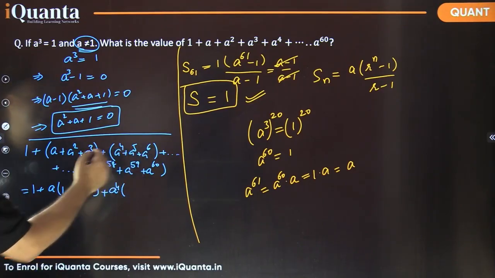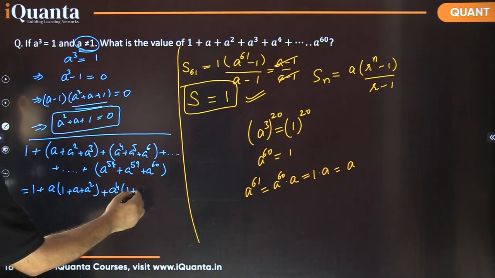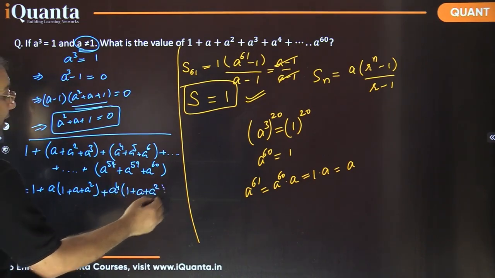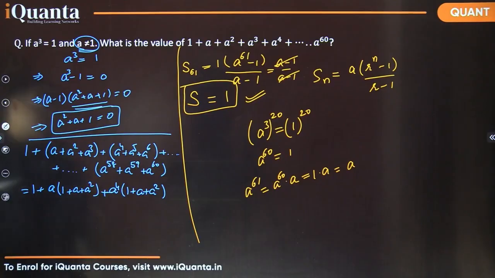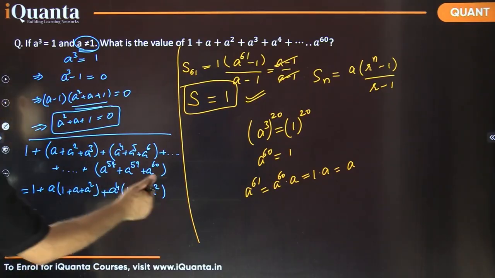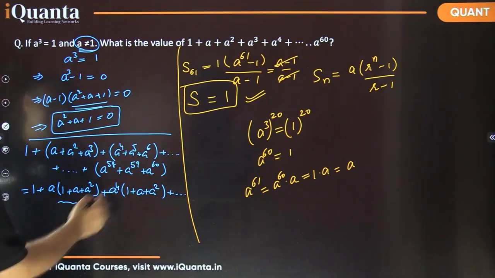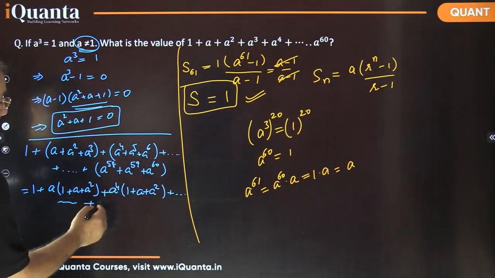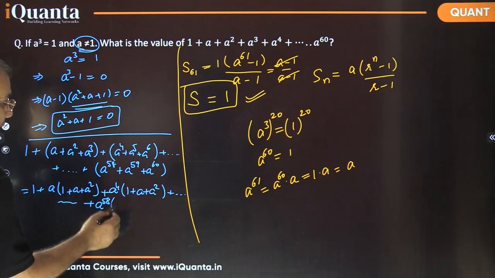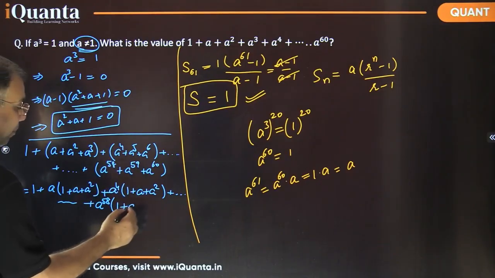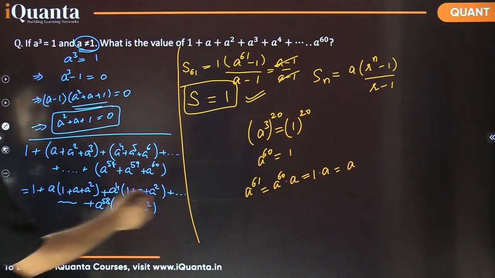So the moment I take a power 4 common, it is again 1 plus a plus a square, which is 0. We already talked about this. So this term also becomes 0, right? And same way, every term is going to become 0, isn't it? And finally, the last term, if I take a power 58 common, again I'm going to be left with the same expression, 1 plus a plus a square, which is again equal to 0.